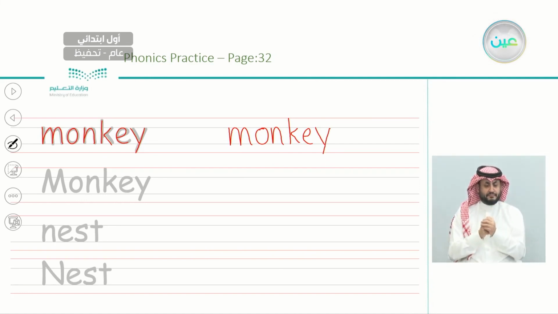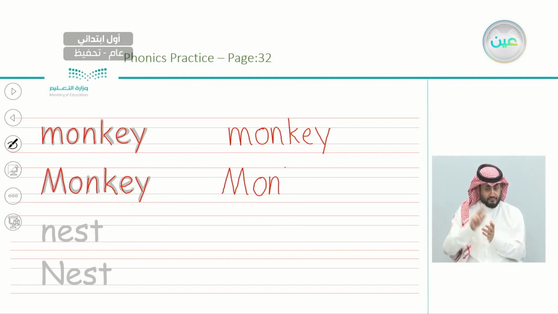Okay, what about monkey in capital? Yes, capital M like this. Okay, after that we have O, N, K, E, then we have Y. Okay, let's write it one more time. M capital like this. O, N, K, E, then Y.